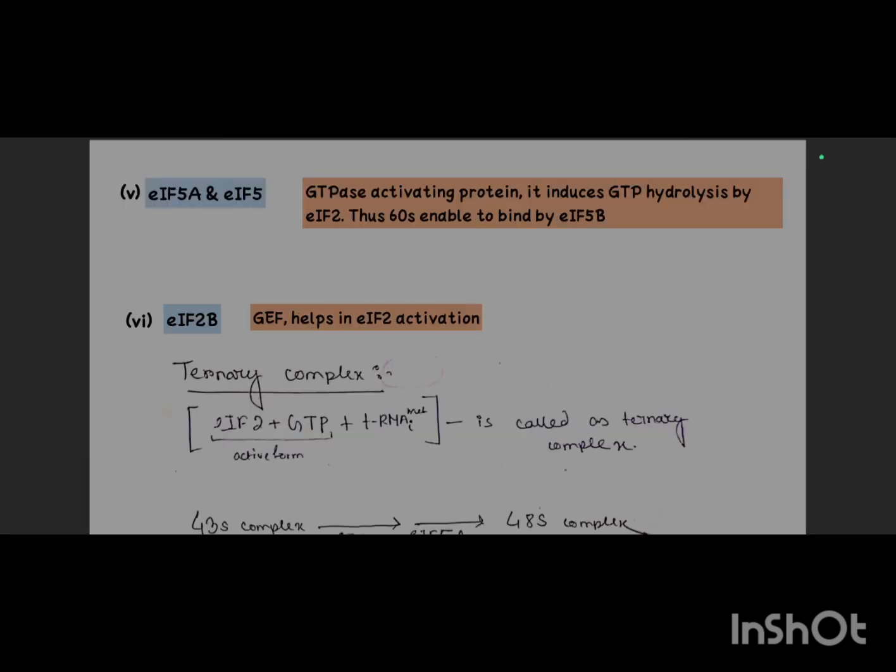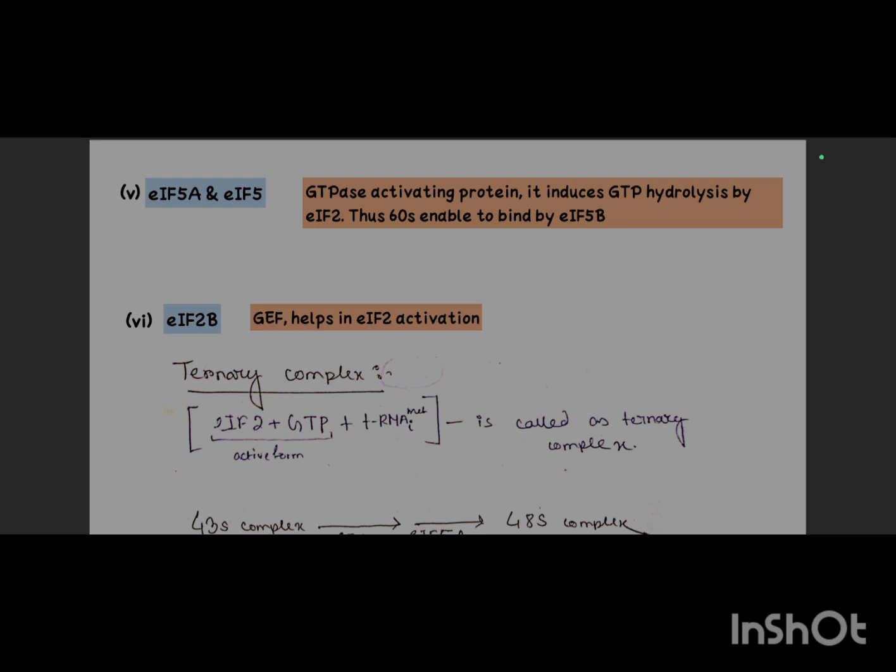Now there are two more types of protein, that is EIF2B and EIF5. EIF2B causes the EIF2 activation. Actually this is a GEF, meaning guanine exchange factor. When EIF2 needs to be activated, then EIF2 is attached with GTP, and when it becomes deactivated, then it is attached with GDP. So this GDP to GTP exchange is done by EIF2B, as it is a GEF or guanine exchange factor.